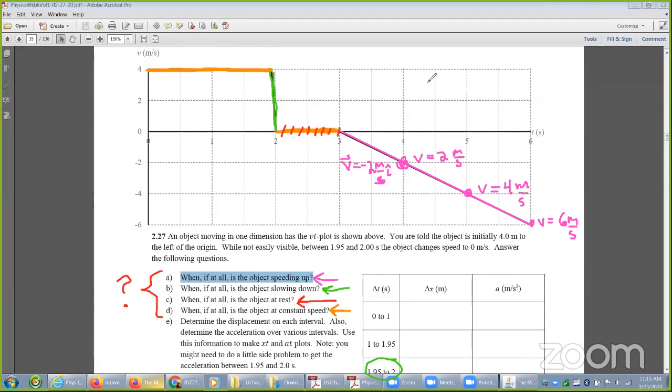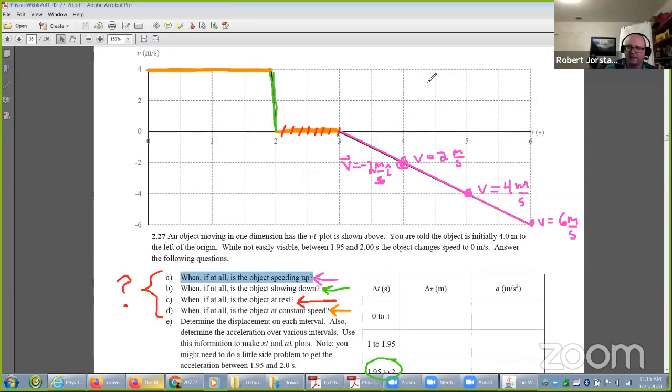Can you explain again why it's increasing from 3 to 6? Yeah, so let me take a look here. The idea is this right here is not speed. That is velocity. And so on all of these numbers, the velocity here has an implied I hat, because it's moving left and right, we assume there's an I hat on everything.